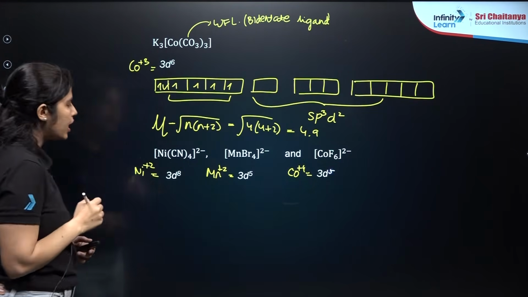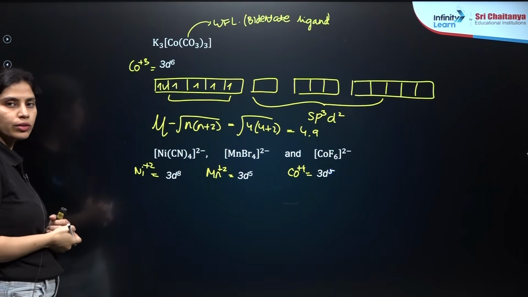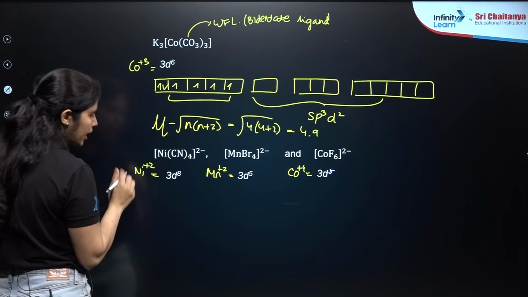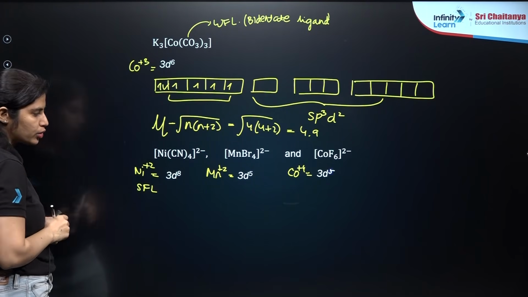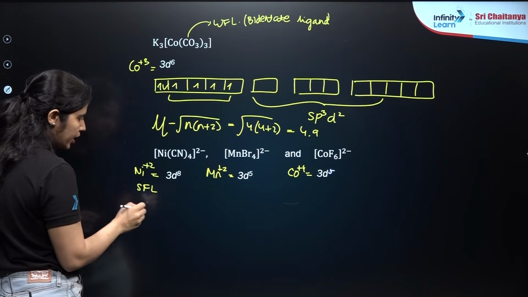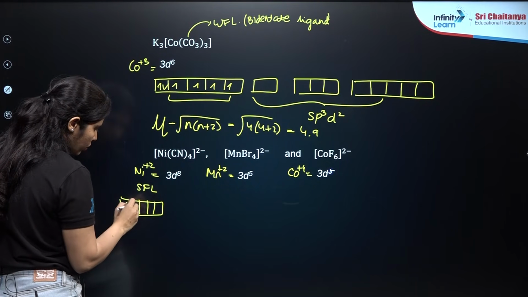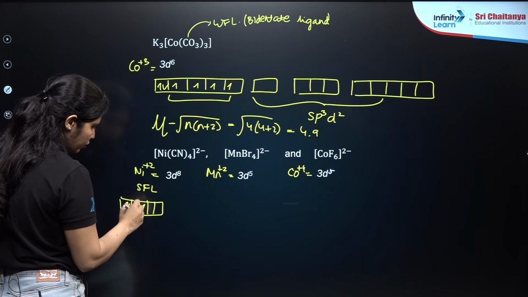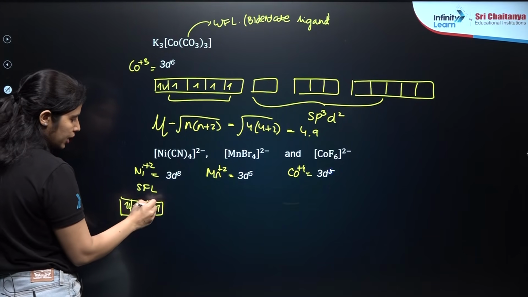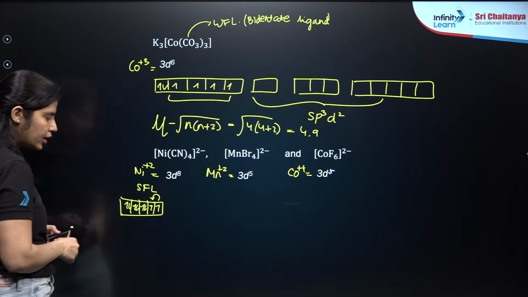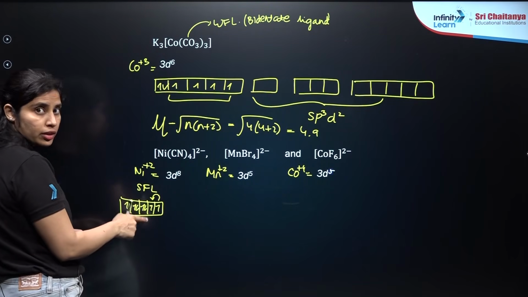Okay, let's look at the values presented to us here. First of all, we are going to identify the ligand that has been given. The ligand given here is a strong field ligand, right? So that means pairing is definitely going to take place here. If we draw the d orbitals for this one, 1, 2, 3, 4, 5, 6, 7, 8. Because the pairing takes place, the electrons come down, and we have a d orbital available.